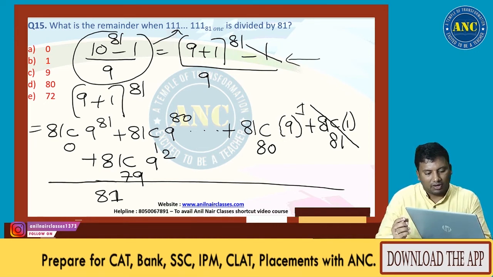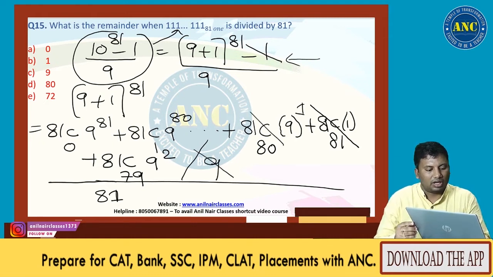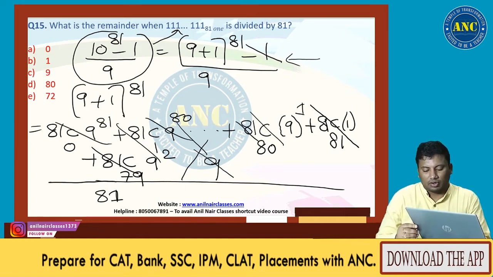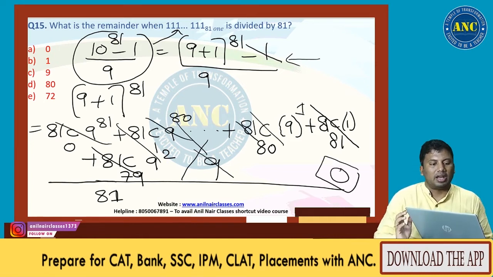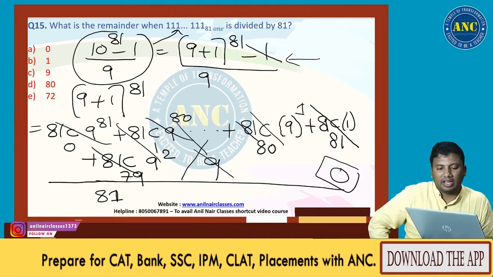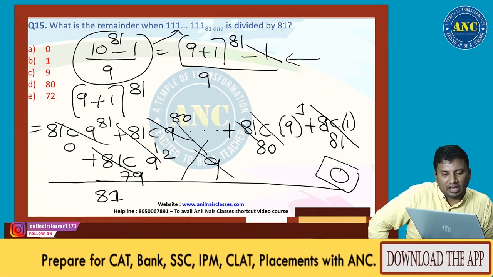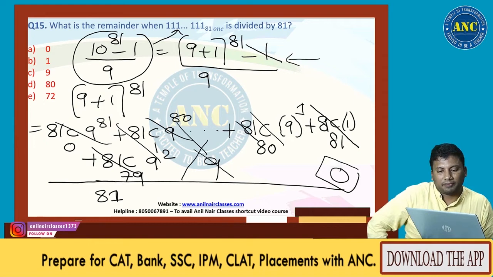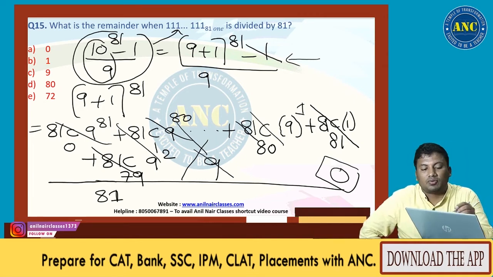So what we have to do is divide this number by 9. So everything is going off. Everything is going off, so the answer is nothing but 0. I hope the idea is clear. 1 written 81 times is nothing but 10 power 81 minus 1 by 9, which is 9 plus 1 power 81 minus 1 by 9.